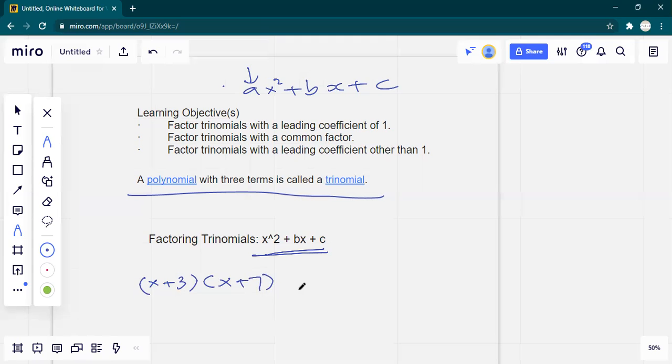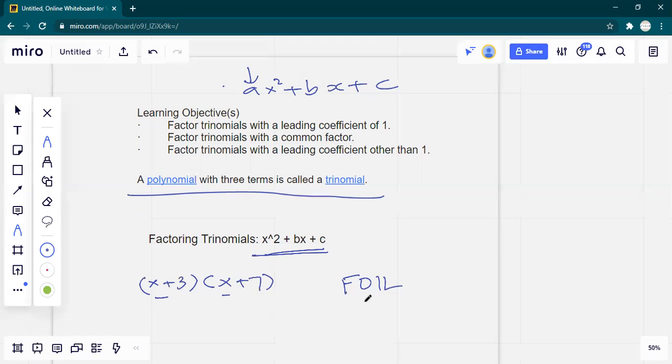Let's multiply these two binomials by using the FOIL method. The FOIL method is a method to multiply two binomials. The idea is first to multiply the first terms of the two binomials, which are x and x. Second, multiply the outer terms of these two binomials.